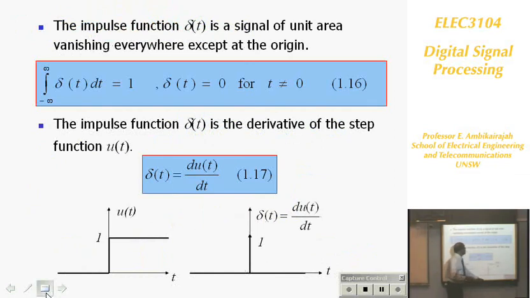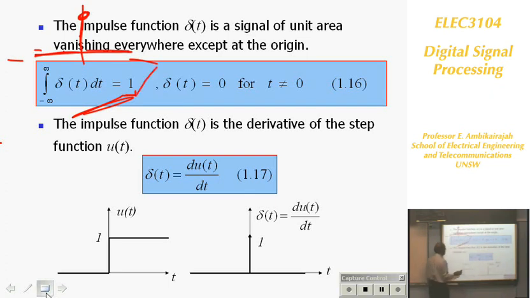And how do you get it? If you integrate the impulse, it will only give you 1. The reason it gives you 1 is because it only has one value. If you integrate from here to here, these are all zeros, and this is the 1, that's what you get.